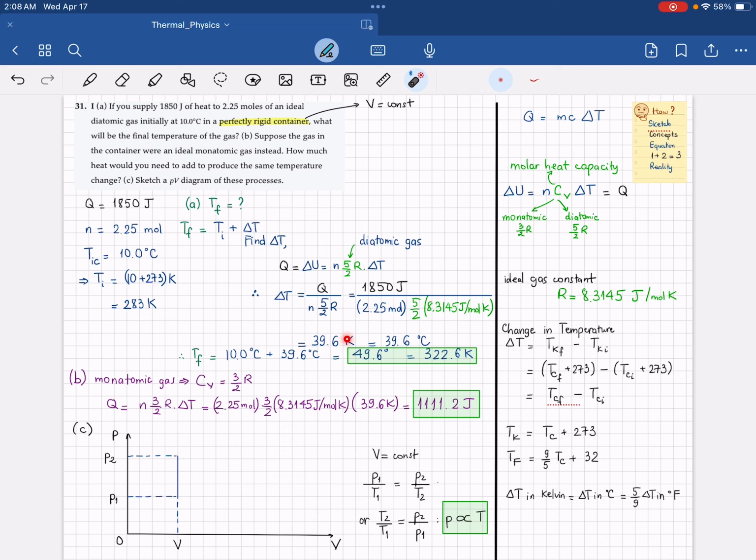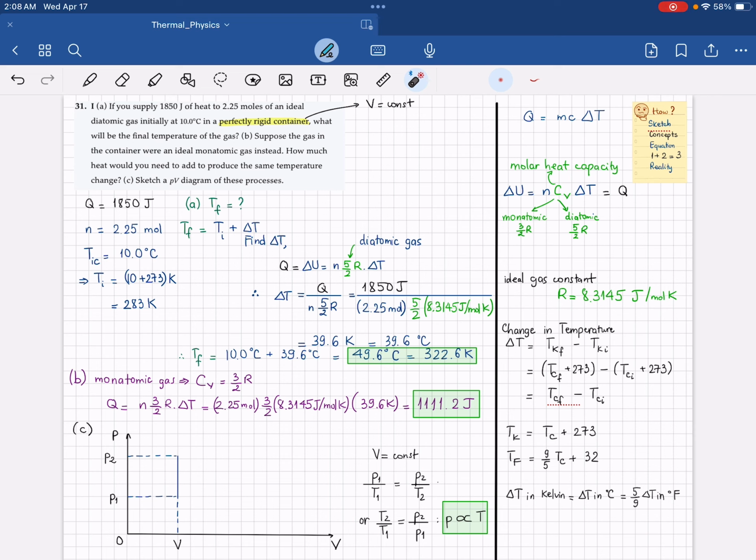That's why if it's a 39.6 change in Kelvin, it should also be the same 39.6 change in Celsius. And that's why we got the final temperature to be around 49.6 degrees Celsius, or you can convert to Kelvin if you want. That's for the first question.